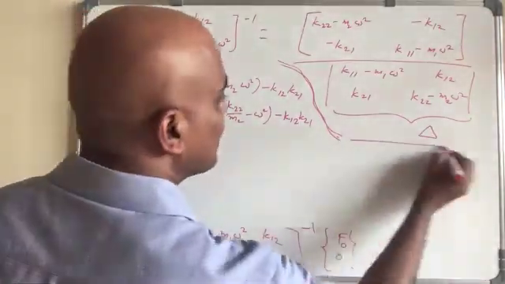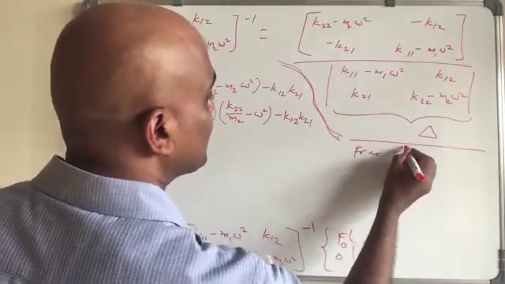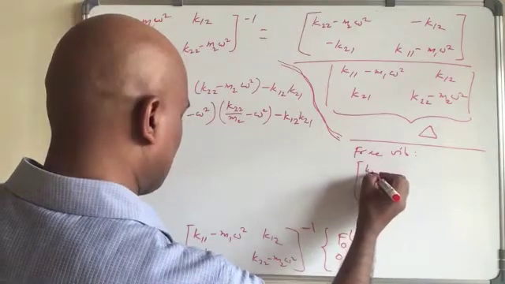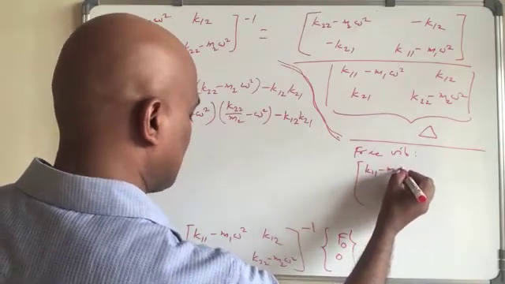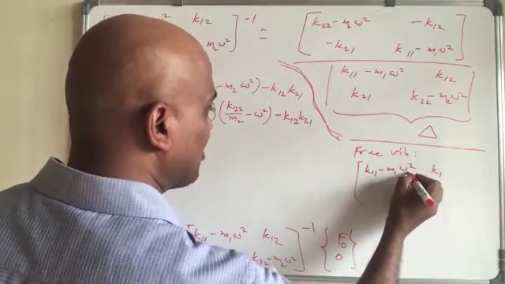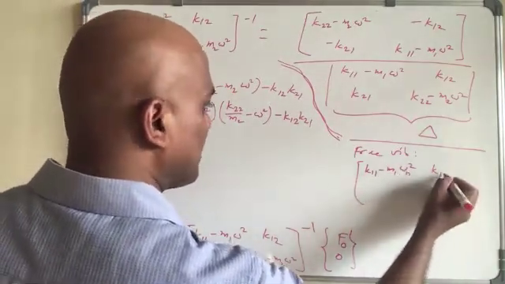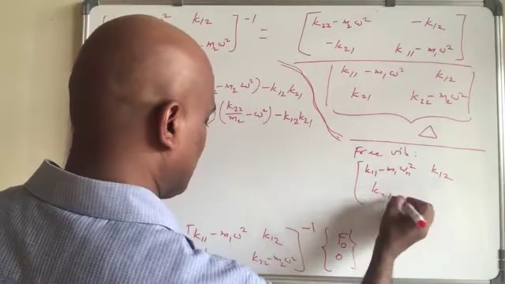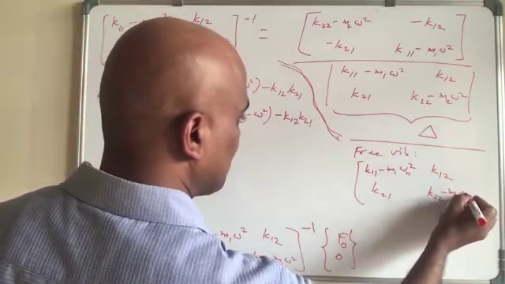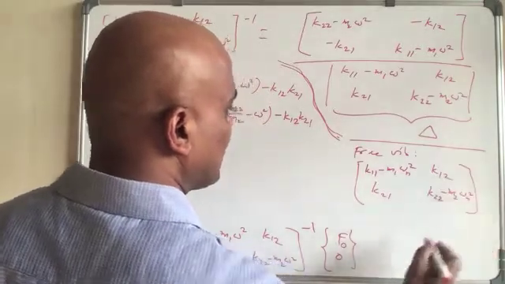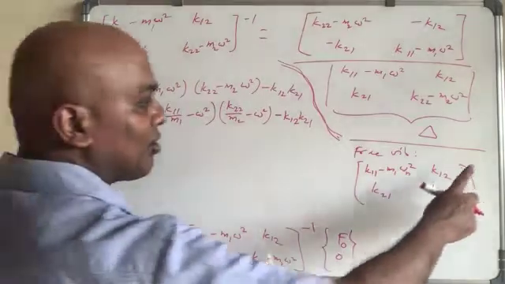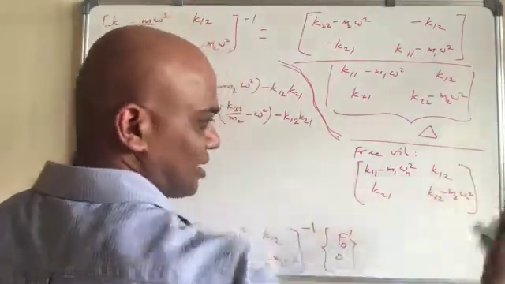So for free vibration, what did we get? We got k11 minus m1 omega n square, k12, k21, and k22 minus m2 omega n square, times x1, x2 equal to 0 and 0.